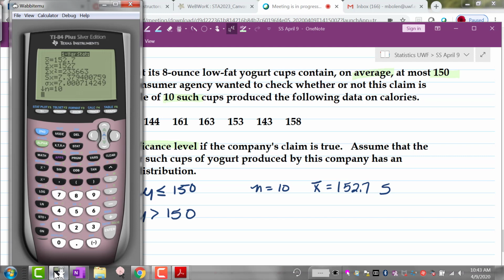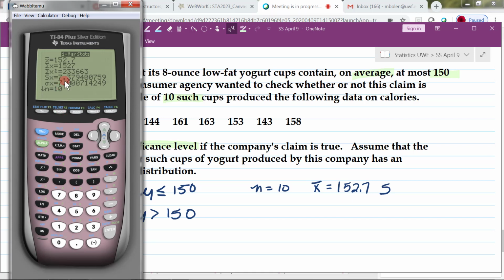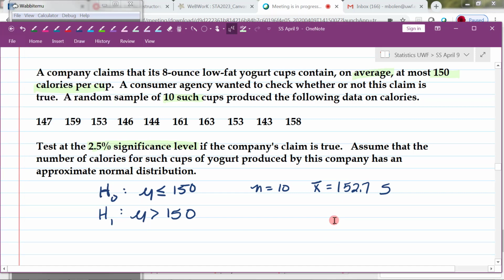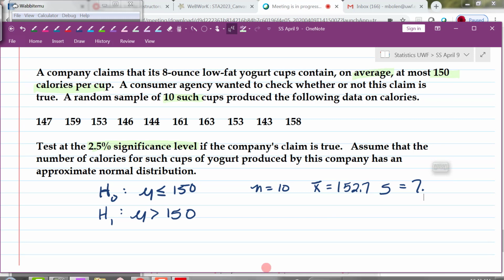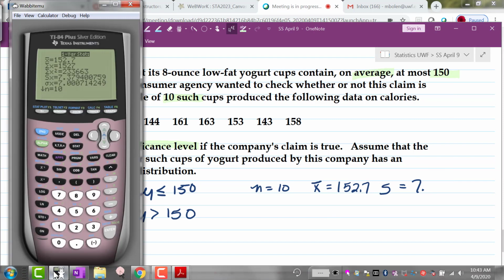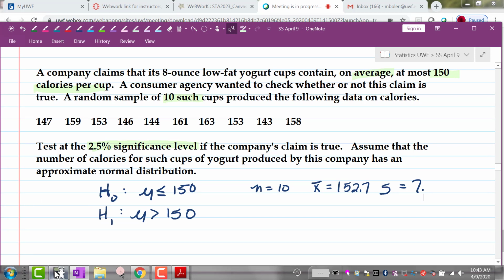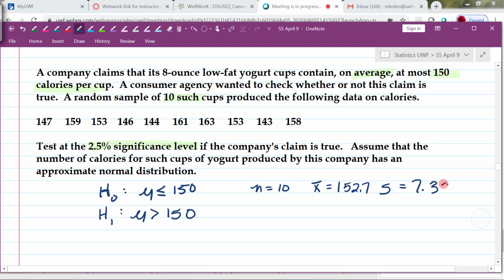Yes, and then my standard deviation is 7.3794. Oh, shoot, my memory. Sorry, guys. Hold on. 7.3794. Okay.